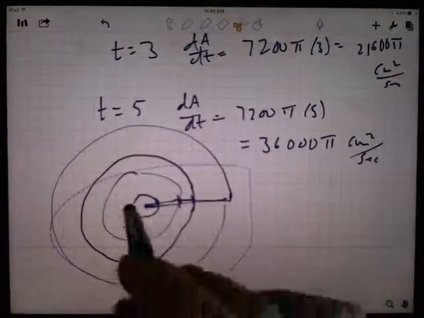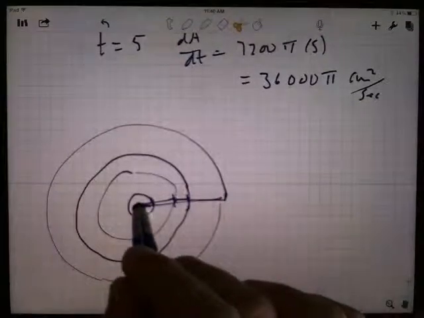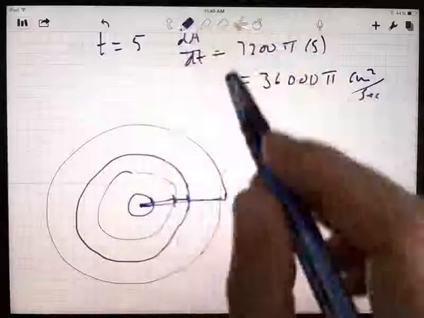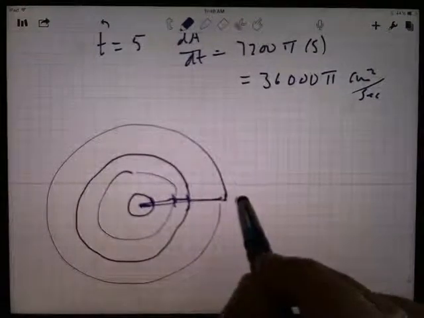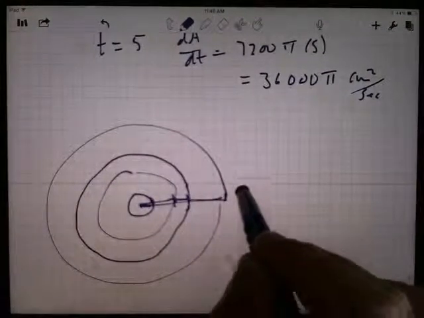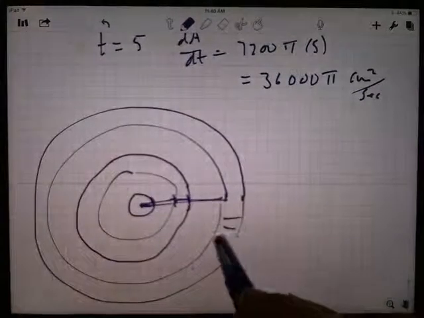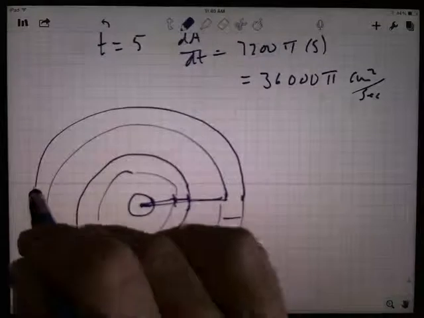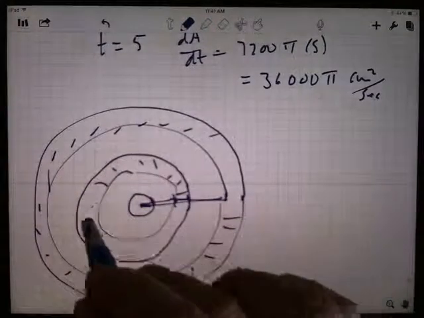So let me move this down. When r is big, you're clear out here, and then you change by 1 second, you gain your 60 centimeters, and the area that you're gaining is so much bigger. This gain in area in that second is much more than the gain in area down in here, right?